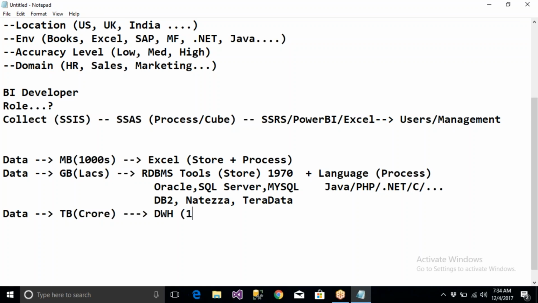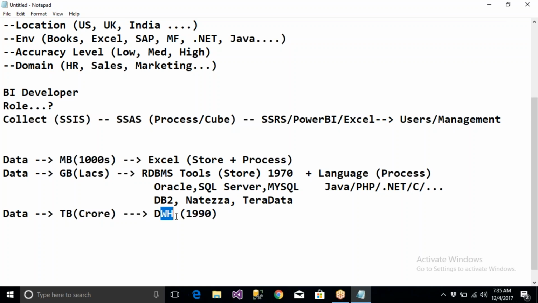Data warehouse was implemented in the 1990s. So for the first 20 years people were able to store the data. Slowly the data sizes increased, and after that there were gurus called Dr. Kimball and Inmon. They identified one more concept called warehousing, right?